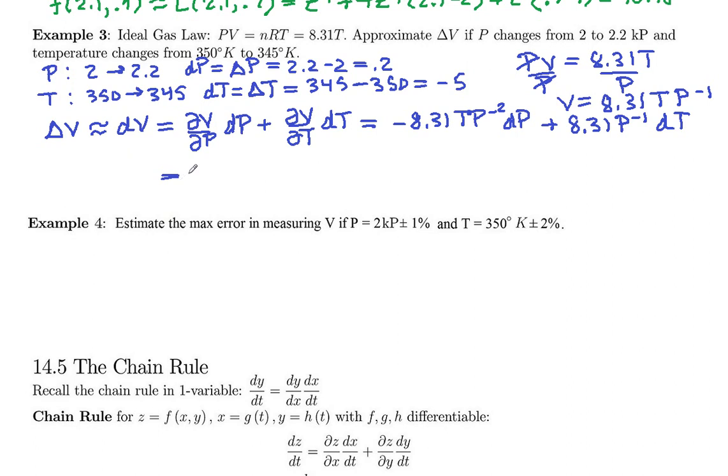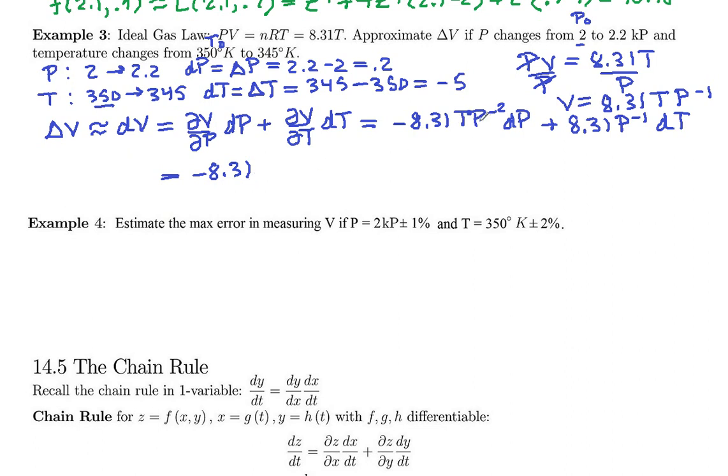So now we'll go ahead and plug in our values here. So -8.31. And then the partial here, you're going to evaluate at 2 and 350. Since those are our initial values, this is going to be the P0, and the 350 is going to be T0, initial temp.